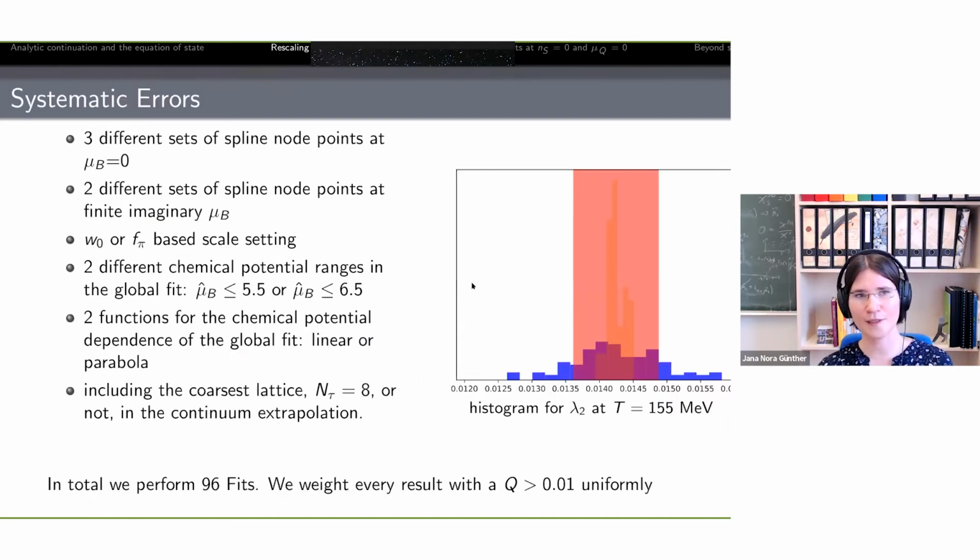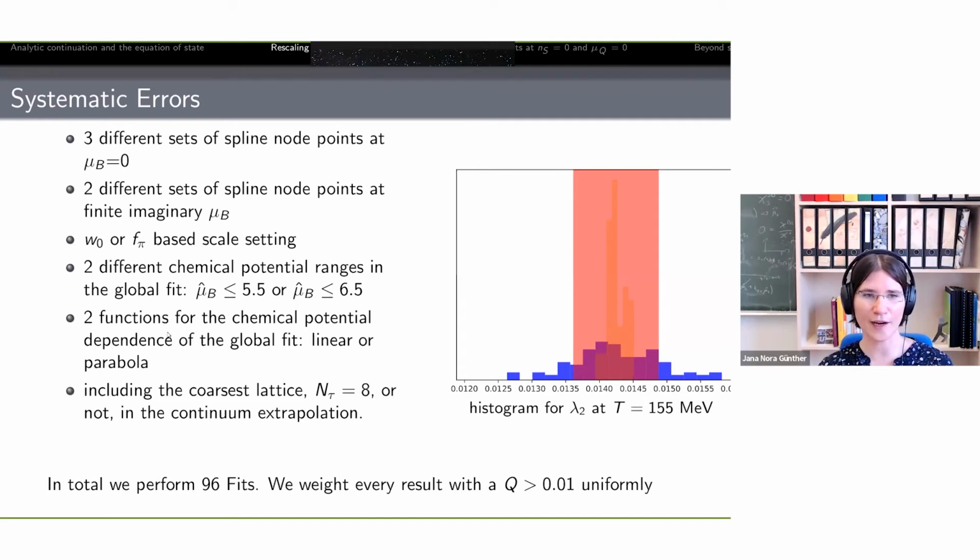On the topic of systematic error, what do we include in that for this analysis? Well, I already mentioned we use two different splines, and we use three different sets of node points for the spline for the mu_B equals 0 data, and two different sets for the finite imaginary mu_B. I also already mentioned the scale setting. Then when we do our fit in the direction of the chemical potential, we use two ranges. We cut it off.